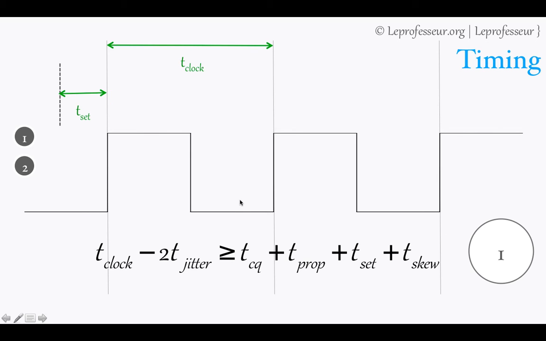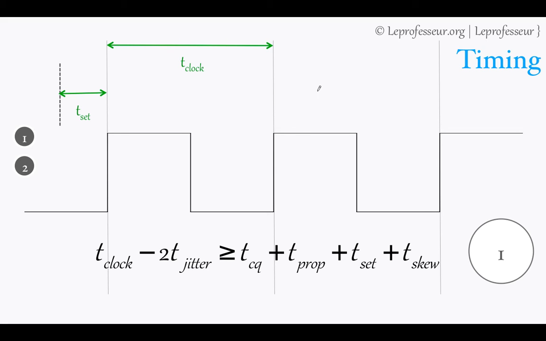Now let's talk about the equation for the setup time. What essentially this equation means is that we have the clock period, T clock, one clock period, and all the computation has to be done within this period.